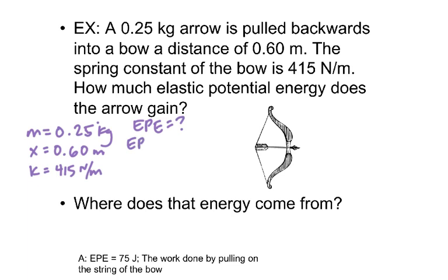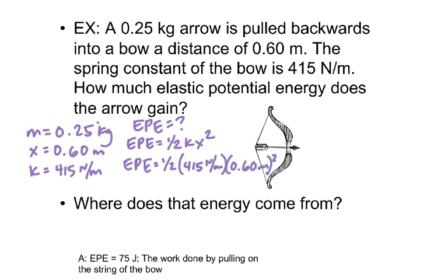So our formula for EPE is 1/2 times K times X squared. We're going to plug in the K of 415, and we're going to plug in the X of 0.6. We want to square that X. Notice that the mass is actually not included here.